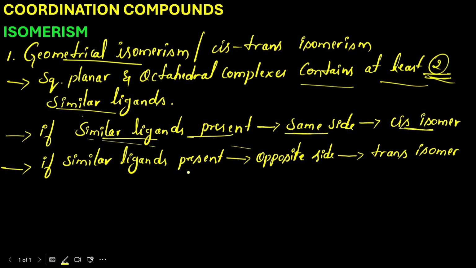Next, if similar ligands are present on the opposite side, it gives the trans isomer. And tetrahedral geometry does not exhibit geometrical isomerism. We will see why that is.